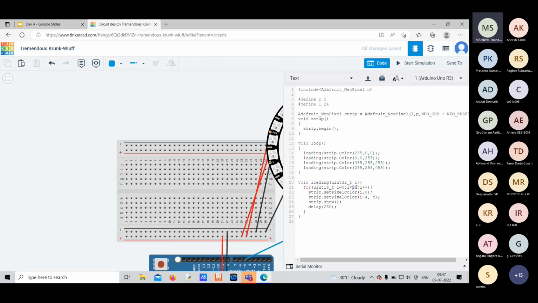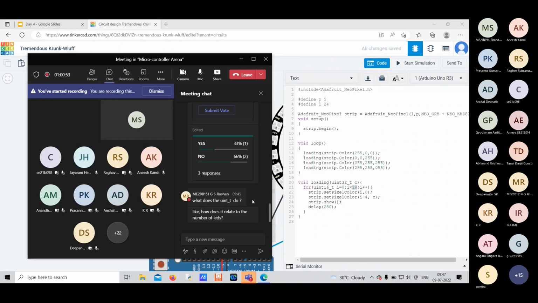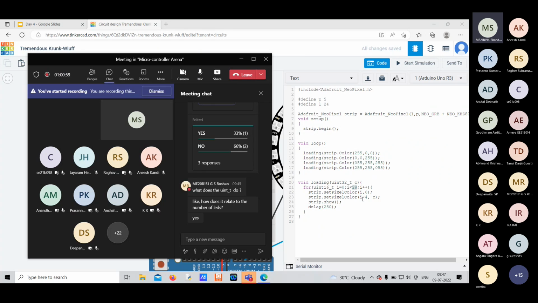You mean this part? This was for the set pixel color function, wherein we need a number in the range 0 to 2 power 16 minus 1. That's different.